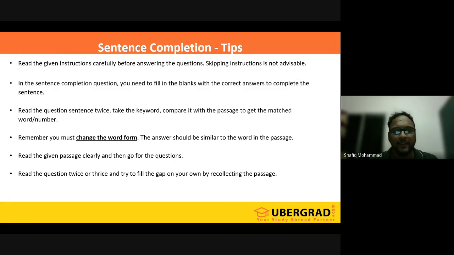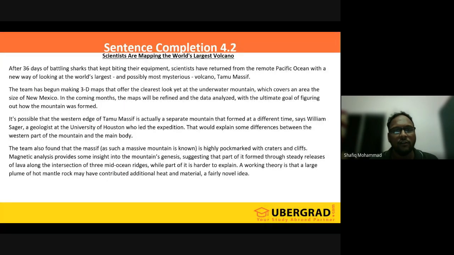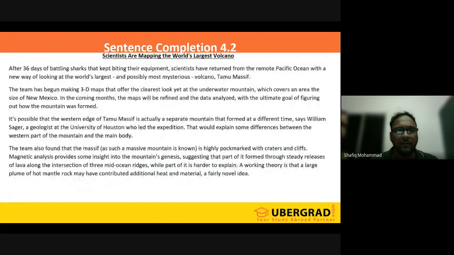So we'll do 4.2. 4.1 will be your homework. 4.2 says scientists are mapping the world's largest volcano. It has 8 paragraphs.